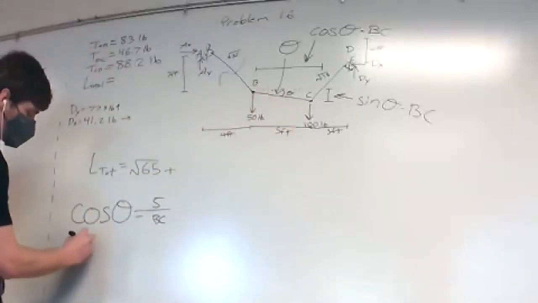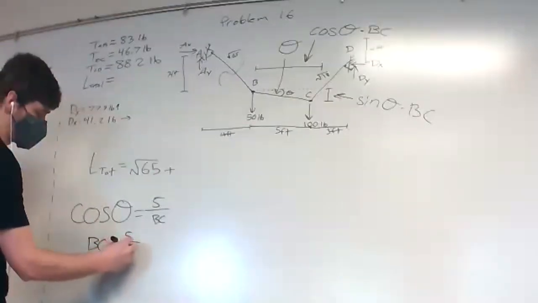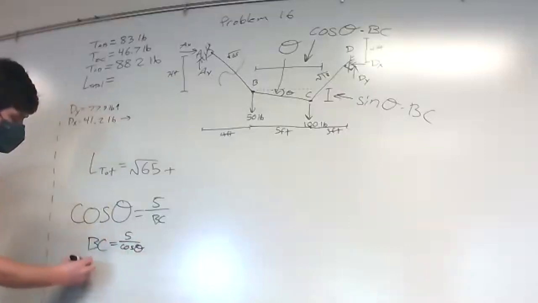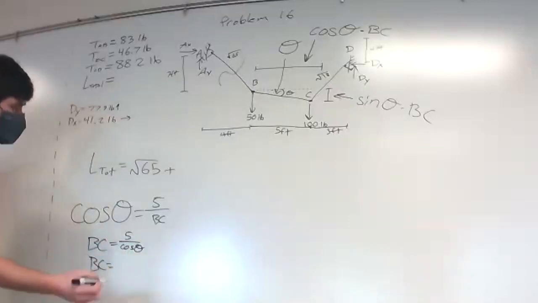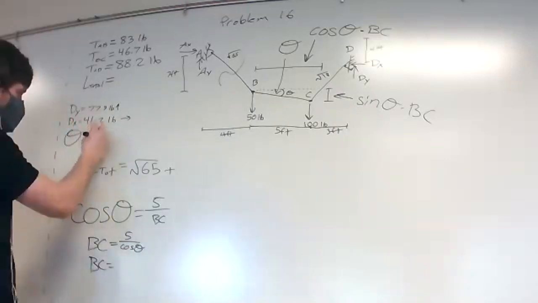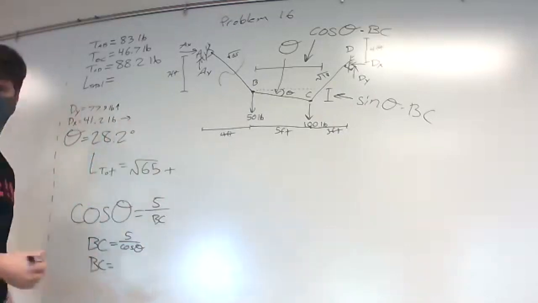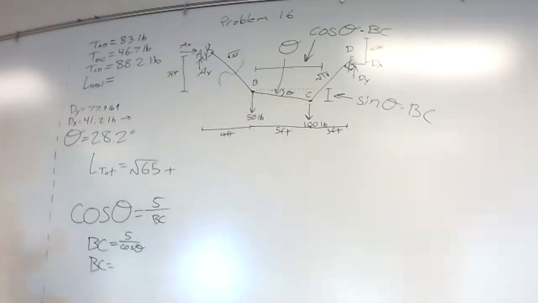So BC would be 5 over cosine theta, which we know theta already, but I erased it. But I think that theta was equal to 28.2 degrees. So BC, if you could do this.